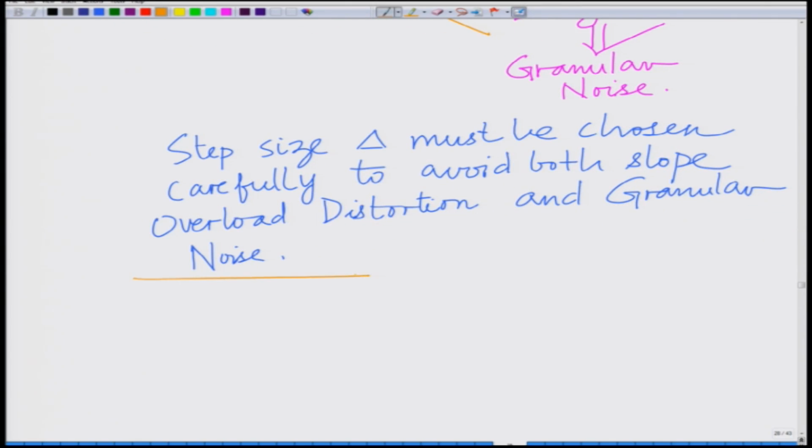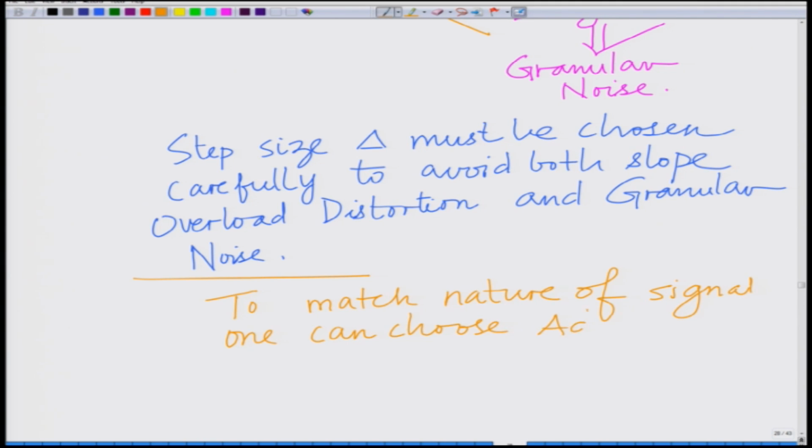Adaptive delta modulation adapts this delta size optimally so as to match the signal conditions. Alright, we are not going to look into this in detail. So, to match the nature of the signal one can choose adaptive delta modulation.